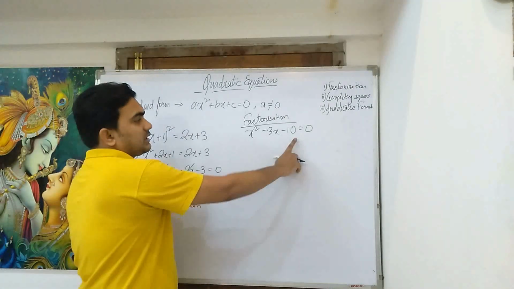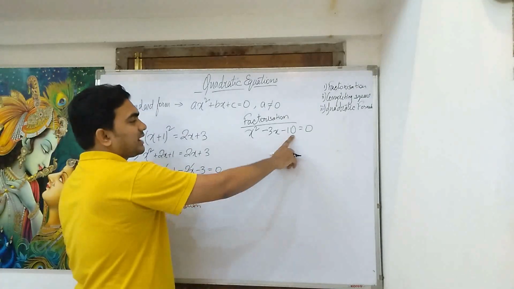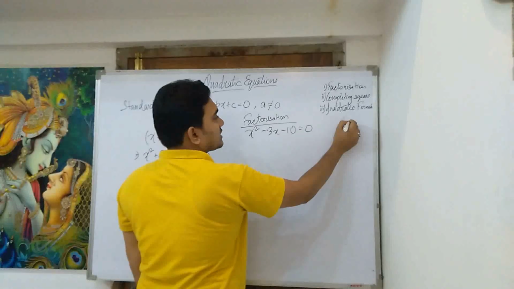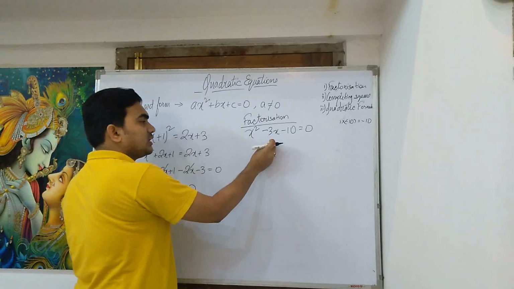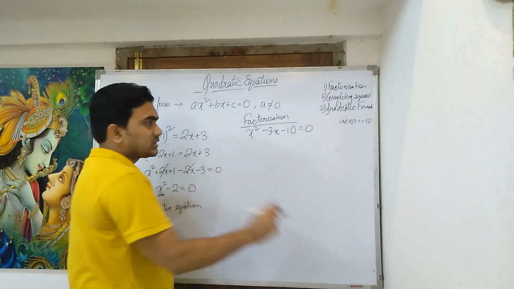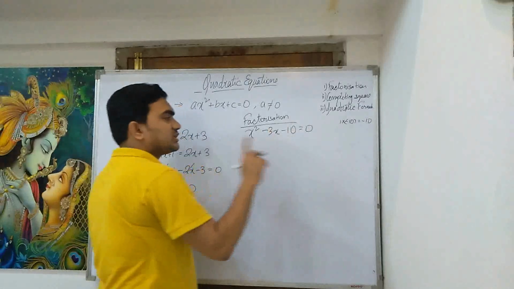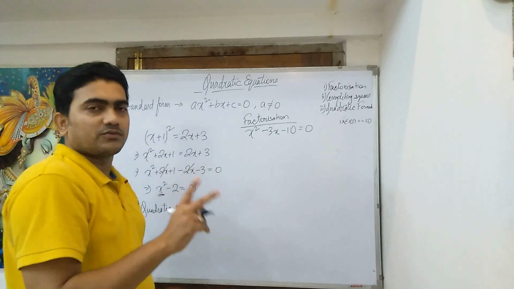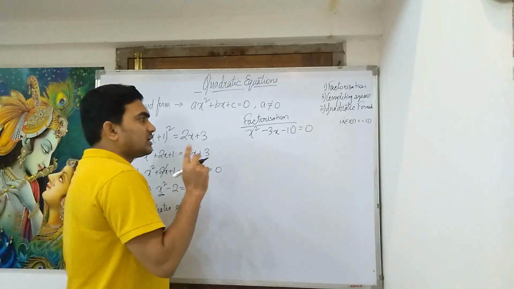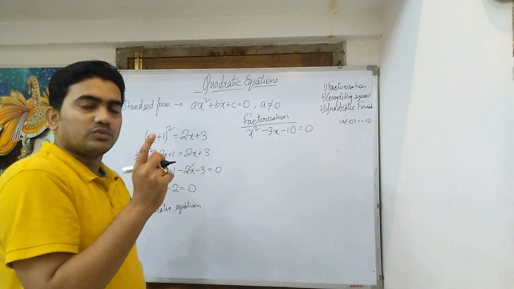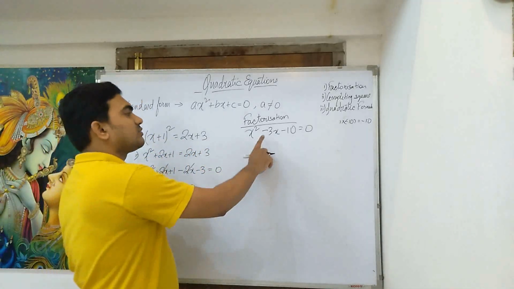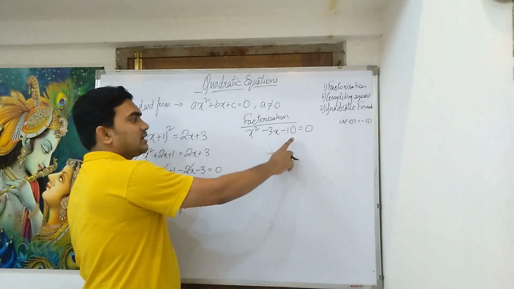First term, last term. So 1 into minus 10, that is minus 10. So we will split this 3 into the difference. Since it is minus, we will split it into the difference of two numbers such that the difference is 3. That means we will take two numbers which on subtracting we get 3 and on multiplying we get 10.